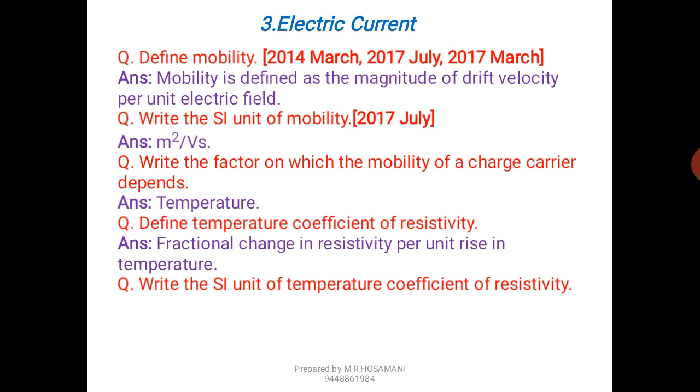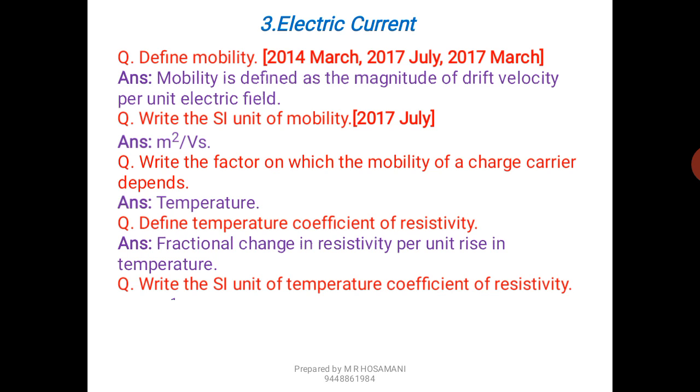Write the SI unit of temperature coefficient of resistivity. The temperature coefficient of resistivity is the fractional change in resistivity, which is unitless because it is change in resistivity by original resistivity. Per unit rise in temperature means the unit is per unit of temperature.